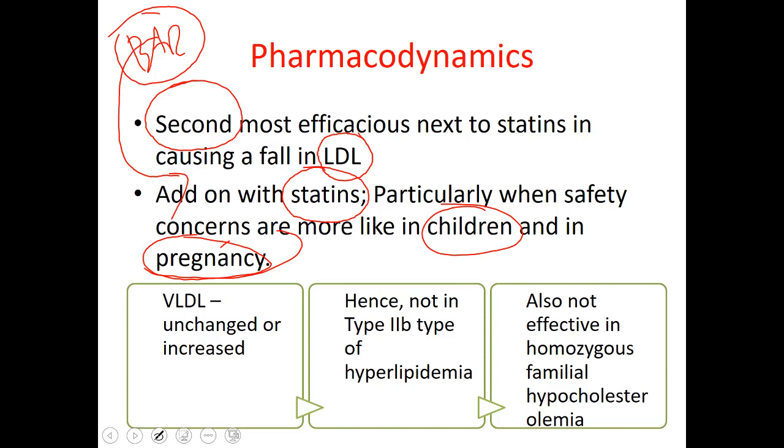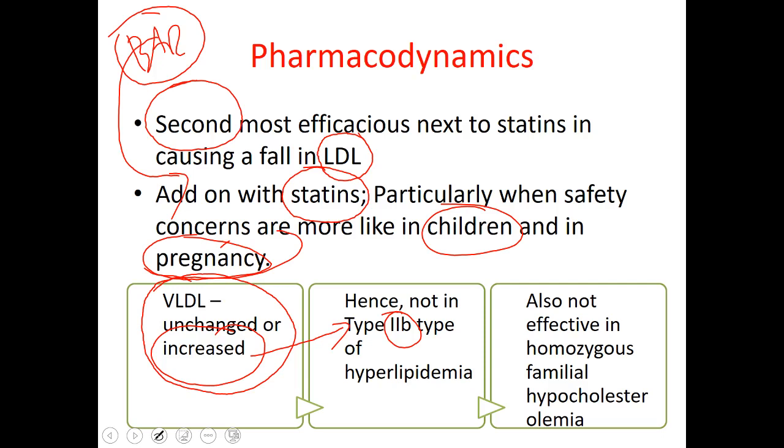However, bile acid sequestrants might either increase the VLDL in a patient or might not do anything. If it does not do anything, it is okay, but if it increases, it is going to pose another problem. Particularly in patients who already have raised VLDL, this is going to further increase the lipid constituent.